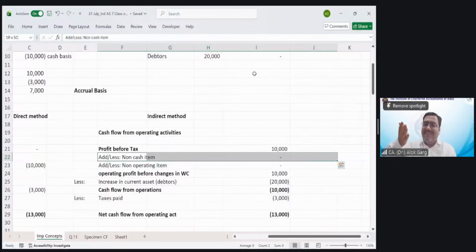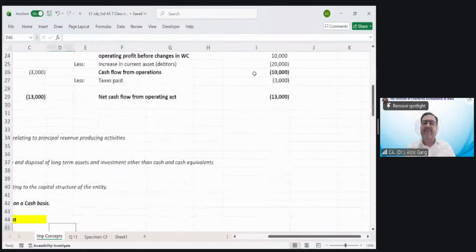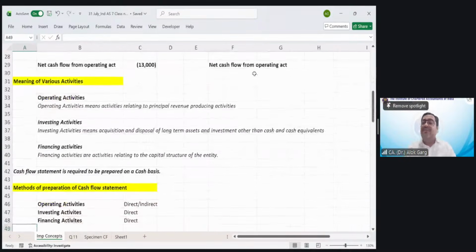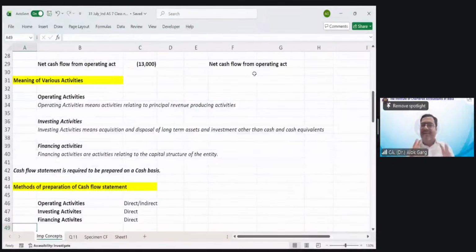Your profit is increased due to mark-to-market gain. So now you have to reduce your profit to arrive at a cash profit. You have to deduct. Okay. So this direct and indirect is only for the operating activity because it starts from profit. But investing and financing are actual cash received, actual cash paid.